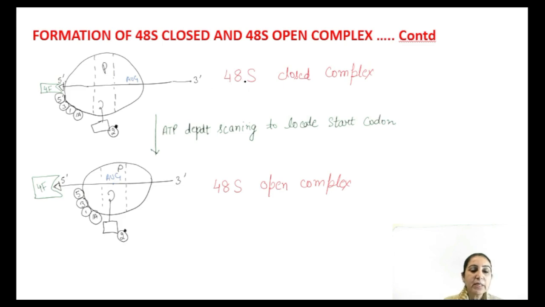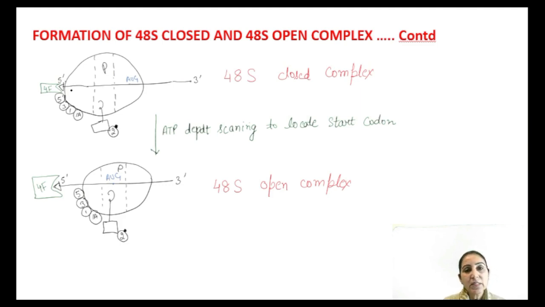First the 48S closed complex is formed. For it to form, our mRNA, which is attached with initiation factor 4F, which we have seen is the combination of 4E, 4G and 4A, comes and gets bound to the 40S subunit of the ribosome.